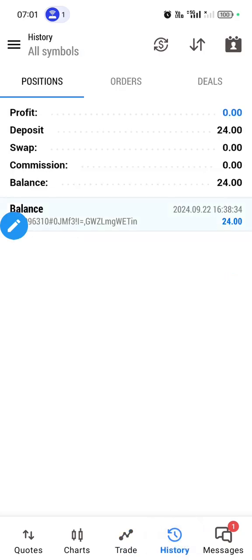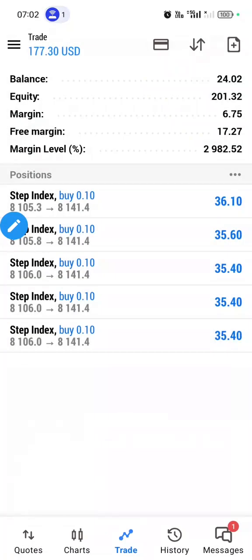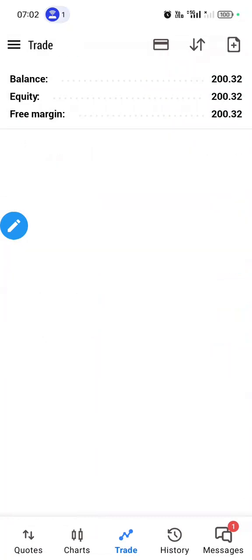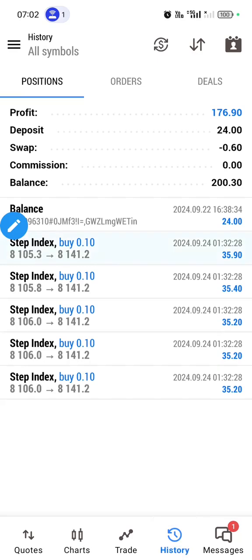We're at 170 USD in profits, and as you can see, I think we reached my target, which was 200 USD, and I decided to close right at this moment. And you can see it's a nice clean setup.